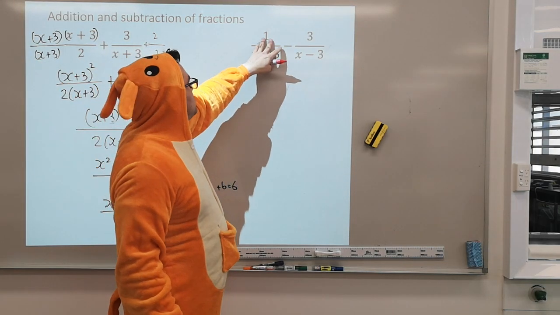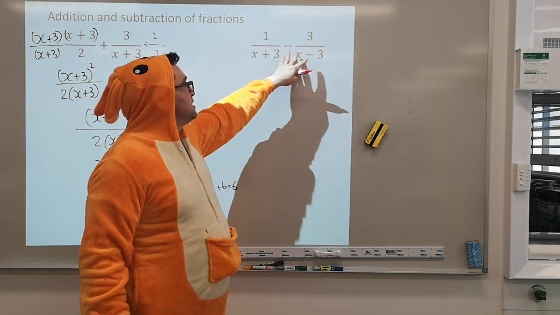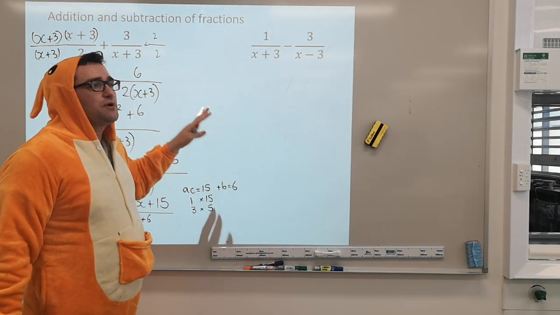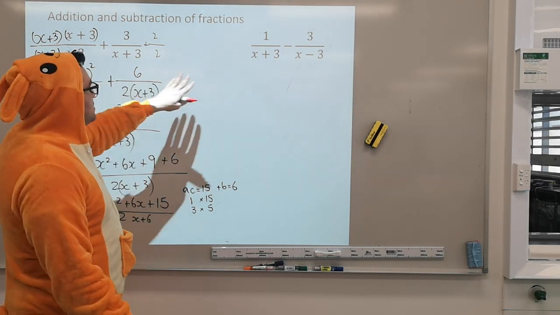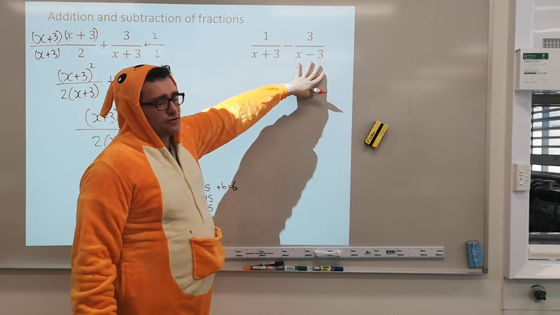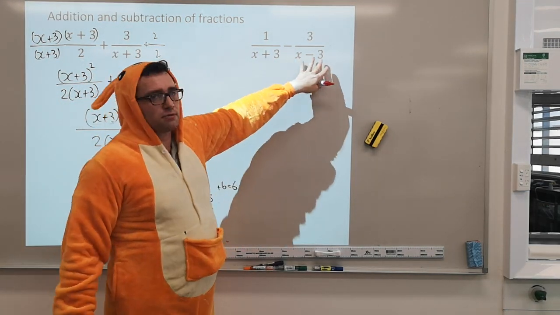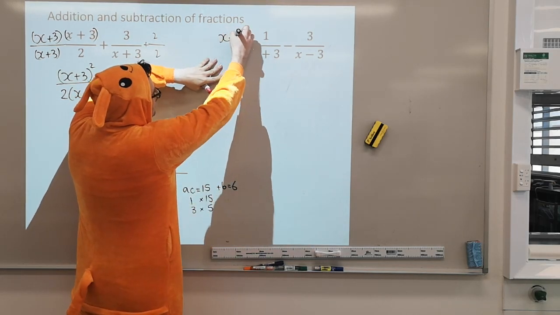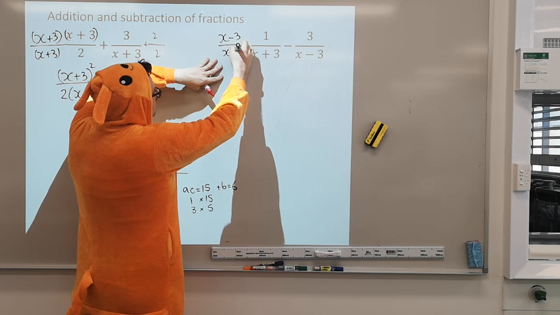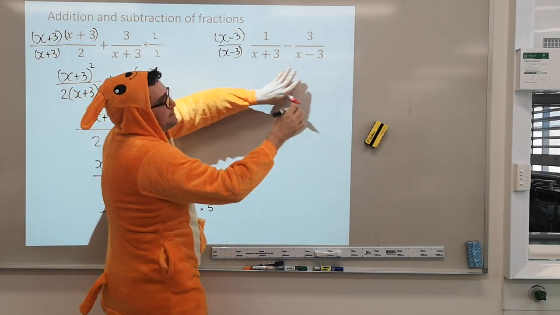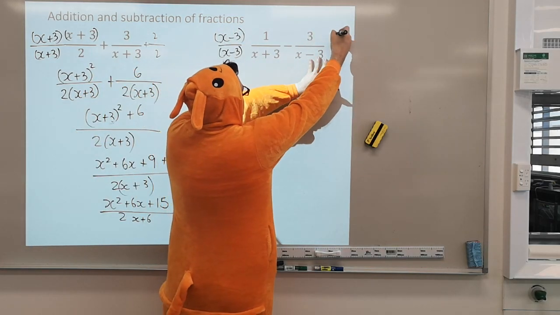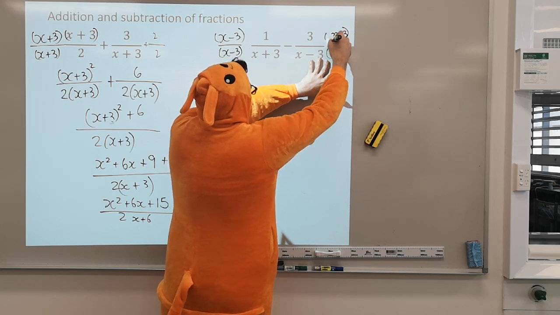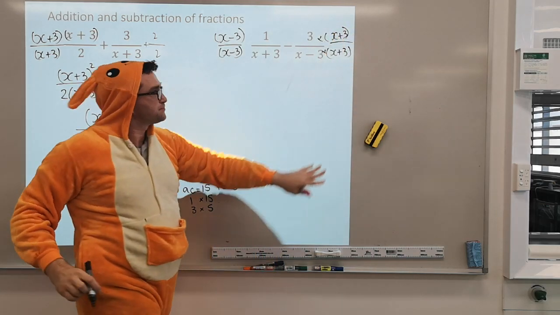Next one, we've got 1 over x plus 3 minus 3 over x minus 3. Once again, we're going to use the opposite denominator and cross multiply. So this side we're going to multiply by x minus 3 on x minus 3. This side we're going to multiply by x plus 3 over x plus 3.